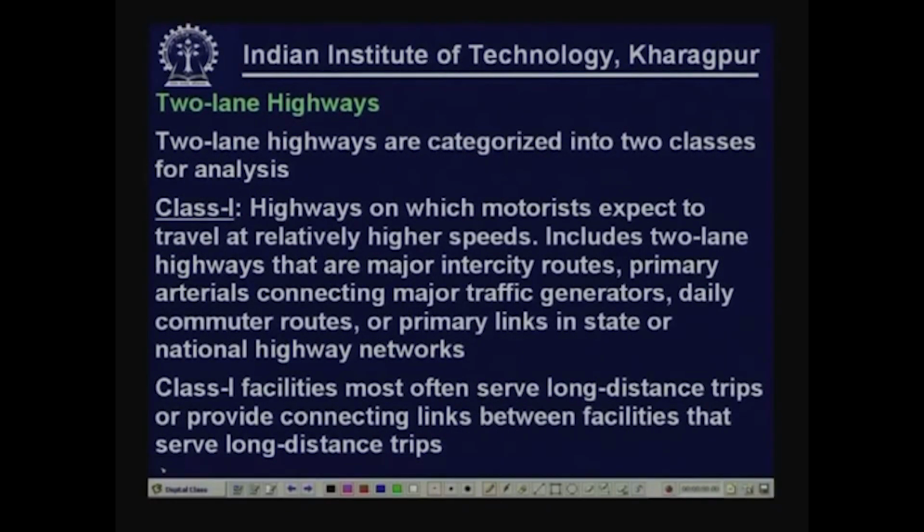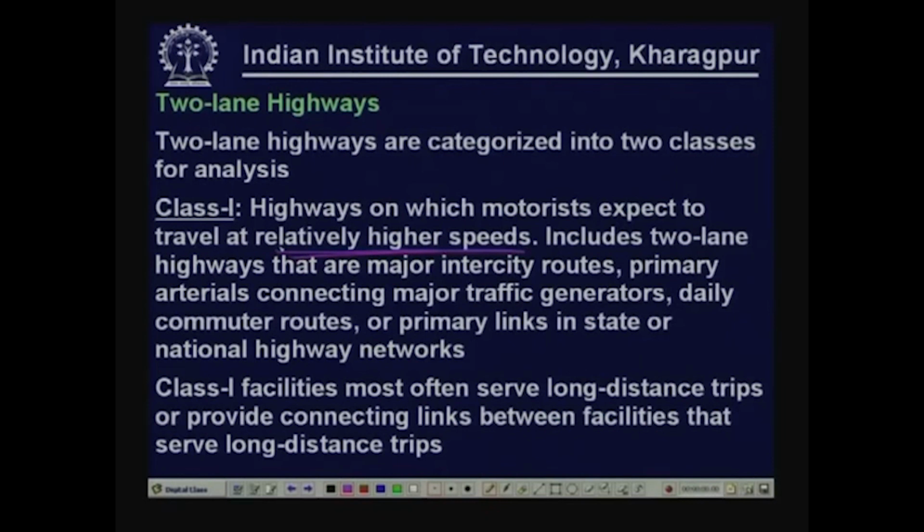For two-lane highways, basically they are categorized into two classes for analysis purpose, class 1 and class 2, because a two-lane highway is different from multi-lane highways and freeways. Class 1 is highways on which motorists expect to travel at relatively higher speeds. So, here speed is a major consideration.